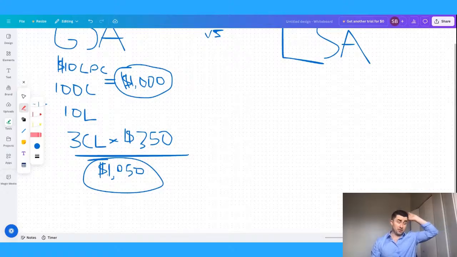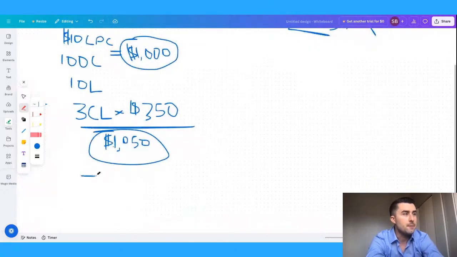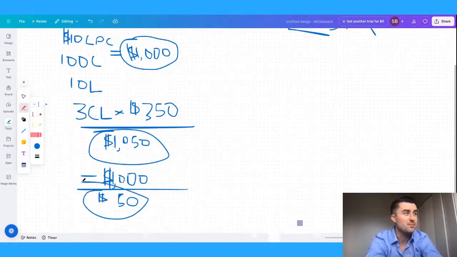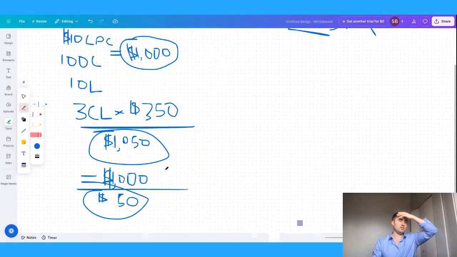Now, the problem with this, as you guys can probably see, is okay, great, we have $1,000 in revenue, but we have to subtract the fact that we spent $1,000 in ads, meaning we only have a $50 profit, which is not good, right?